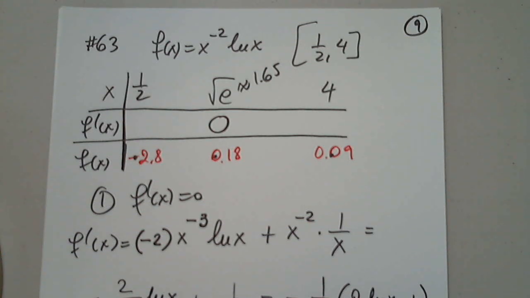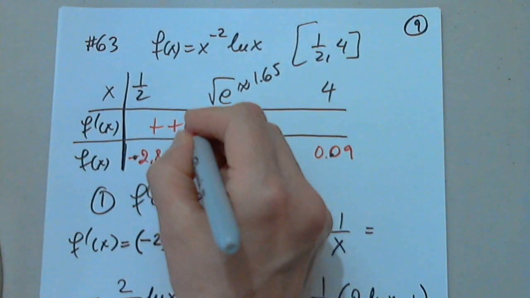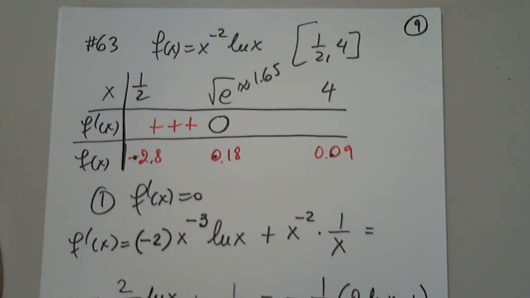And I only want to plug in 1/2 here. So when x is 1/2, the derivative is positive. And when I plug in 4, the derivative is negative.